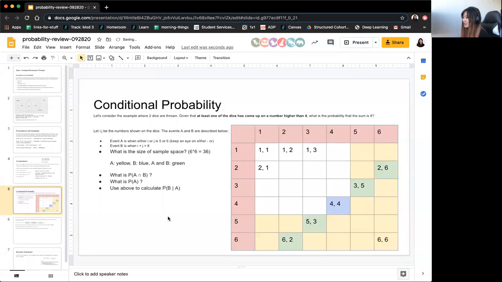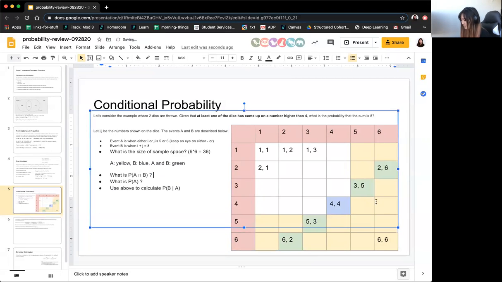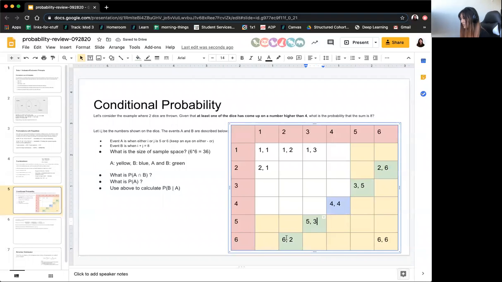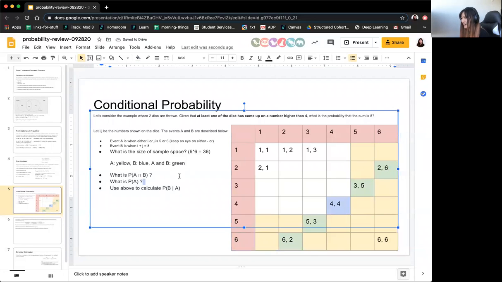So for A intersect B, you can see there are only 4 squares that are green. So it's going to be 4 out of 36, which goes down to 1 out of 9. So the probability of either I or J being 5 or 6 and I plus J equaling 8 is 1 out of 9. Questions on this part so far?